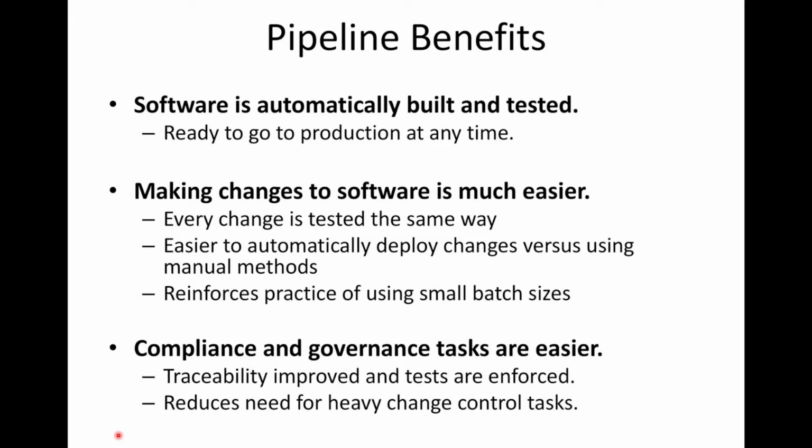So we have great assurance that our software is production ready. The pipeline also makes changes to software much easier because every single time we make a change, our deployment pipeline is triggered and our software is tested the same way. So it's much easier to automate this process versus having to manually test our software changes.